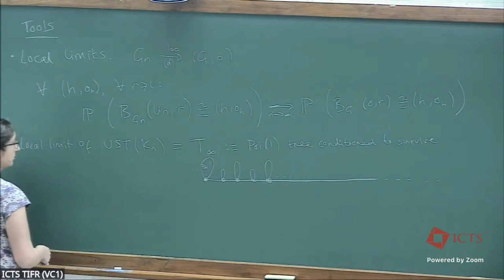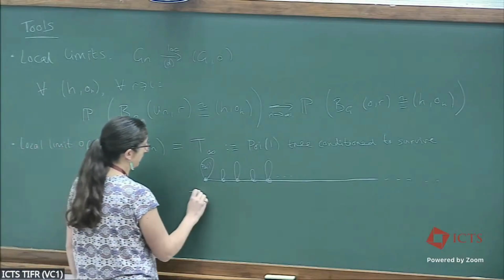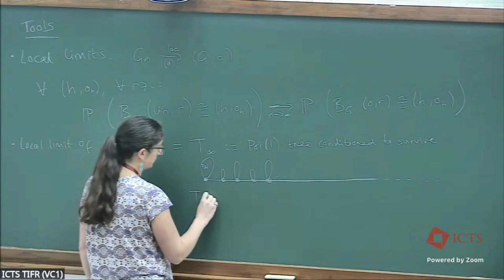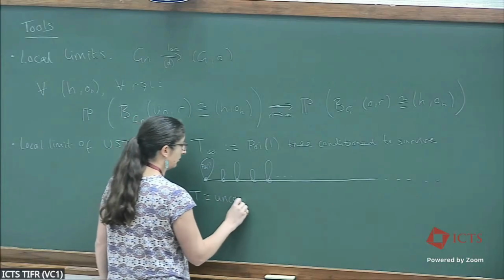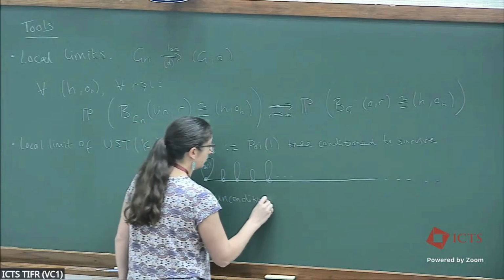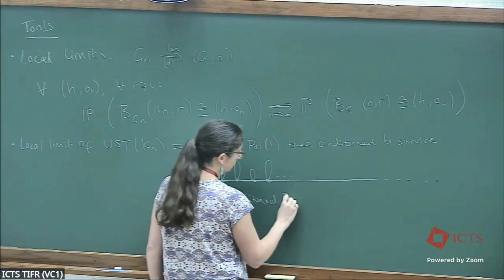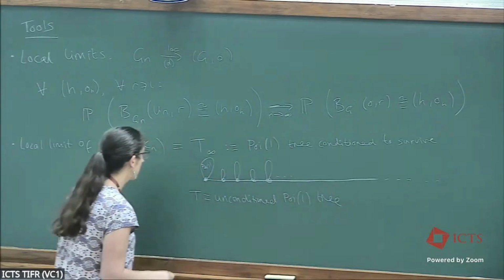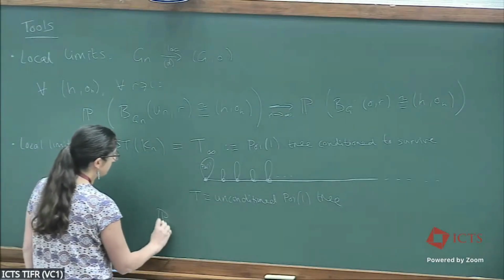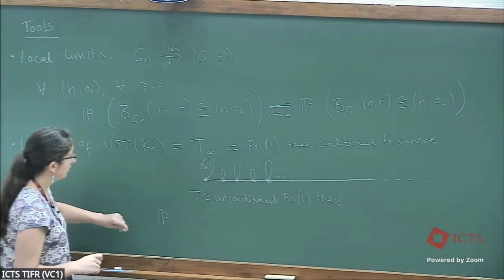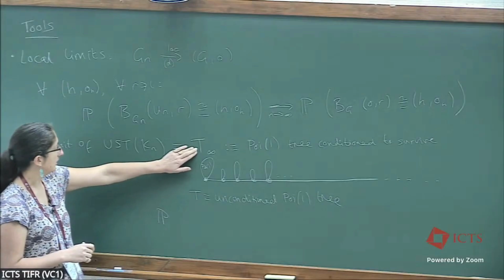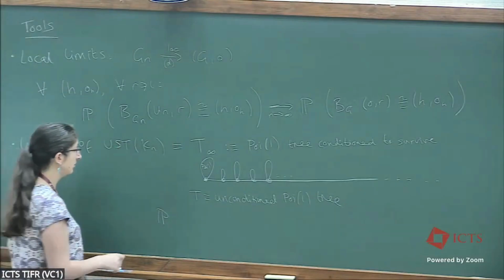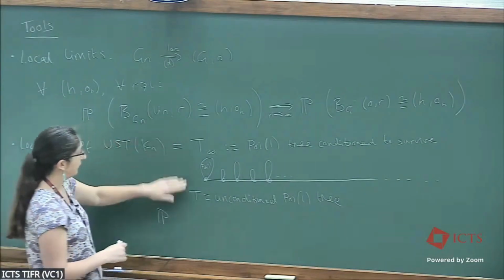And we also said, if T is the unconditioned version, then if we want to look at probabilities for this tree, in particular probabilities like this, then we can relate it to probabilities for this tree.